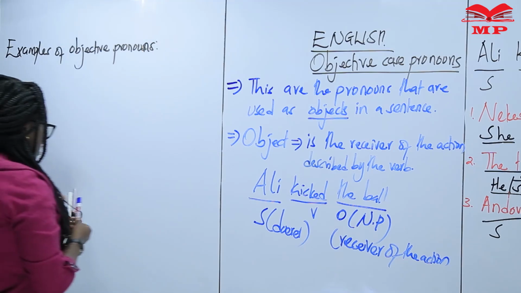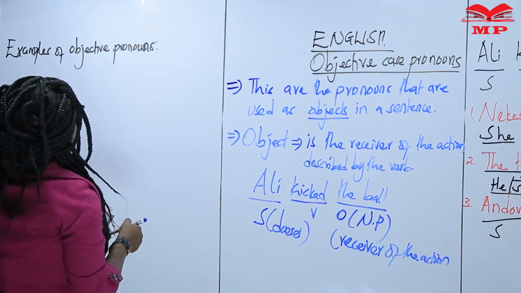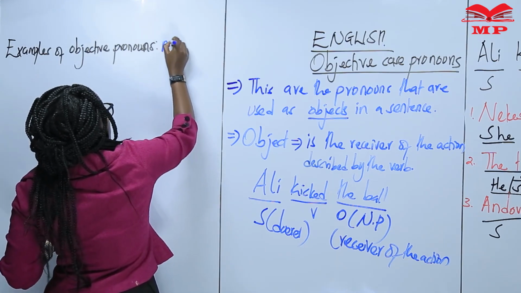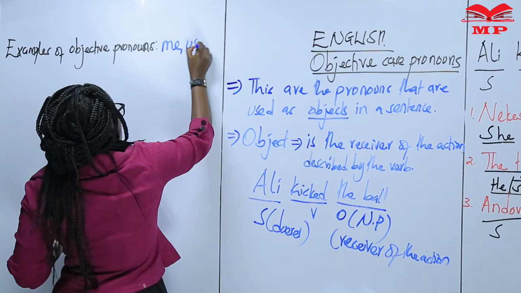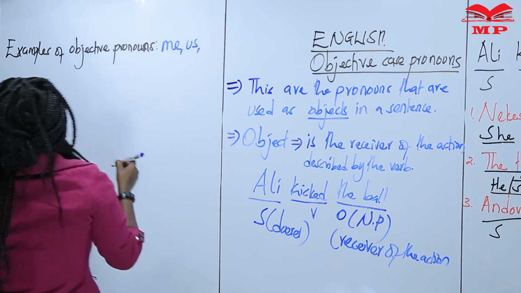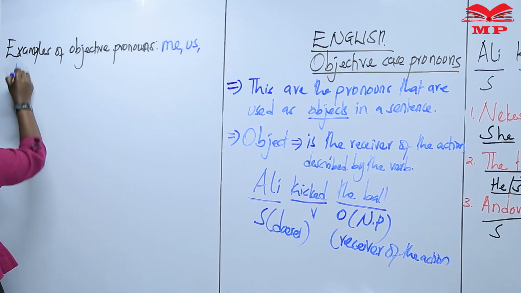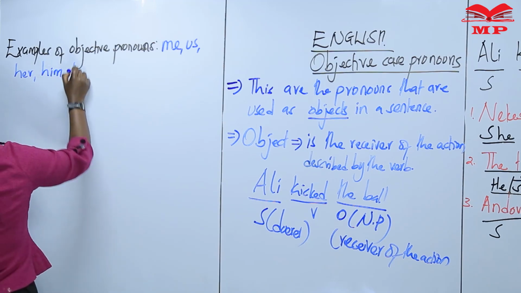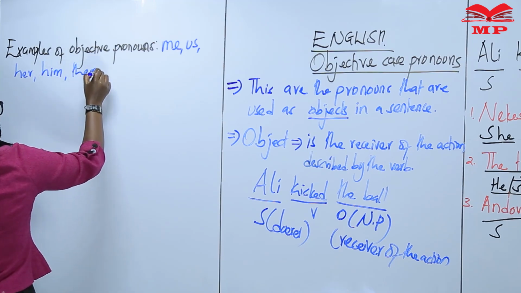The first one that I'm going to start with is the pronoun me, we have us, and then we also have her, we have him, we have them.